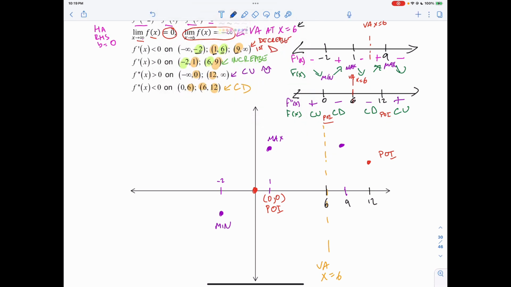It starts out concave up and is decreasing until -2. It is still concave up, but it is increasing until we get to 0. It switches to concave down up to that maximum at 1. And then it's going to stay concave down as it approaches that vertical asymptote. It's going to be concave down until the next point of inflection.